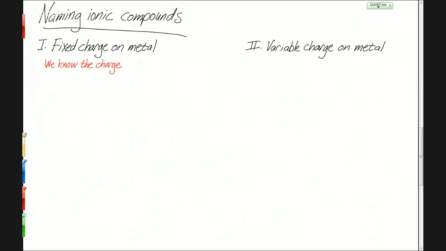And if we look at the periodic table, we can get that. So let's draw a little periodic table here. Where are the ones that we know the charge? Well, they're over here, right? Those first two columns, we know those charges.